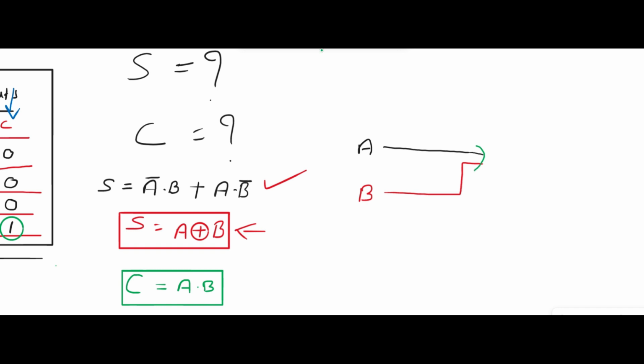This is the XOR gate, and this is sum, A XOR B.